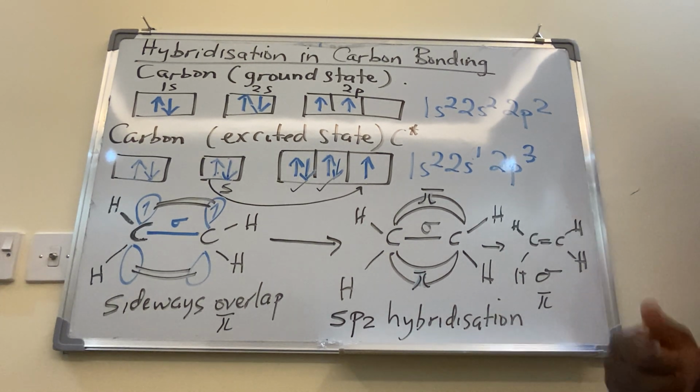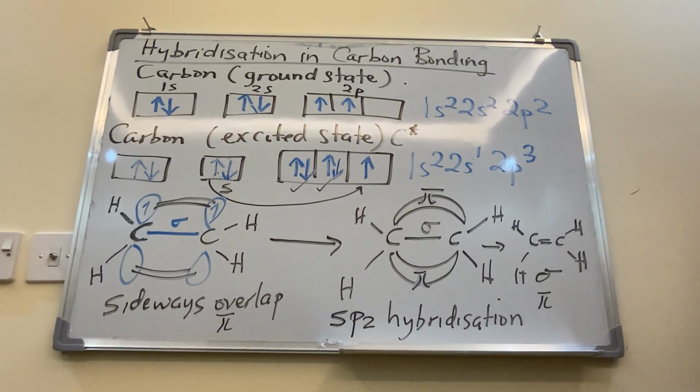In sp2 hybridization, one of the p electrons was not involved in bonding on either carbon atom, and those electrons were allowed to overlap above and below the plane of the molecule, giving us what we can call a pi bond. So in every double bond that we have in alkenes, it's a combination of a sigma bond and a pi bond.